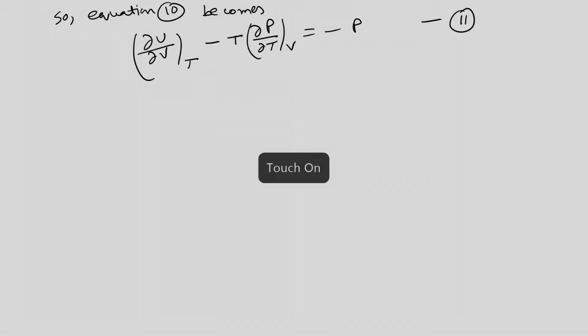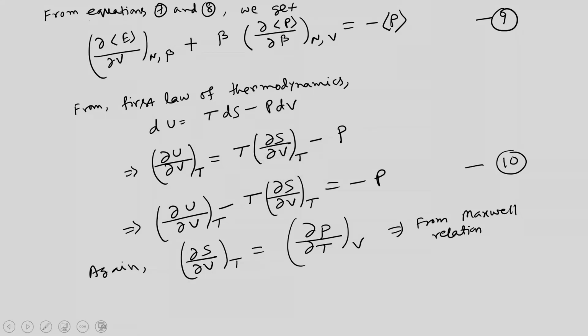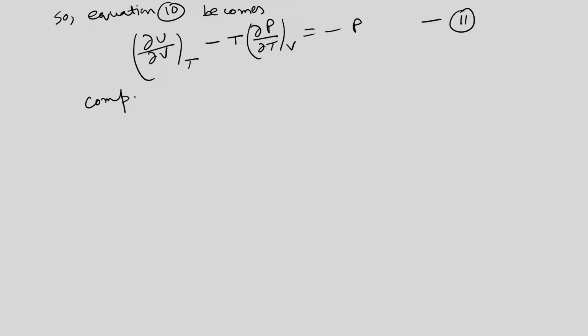Now, if we compare equation 11 and equation 9, comparing equations 9 and 11, we get beta is proportional to 1 by T. And it has been found that the proportionality constant is nothing but the Boltzmann constant.